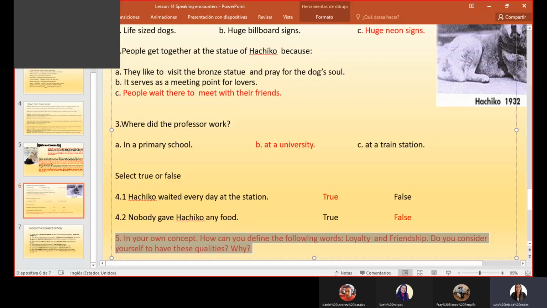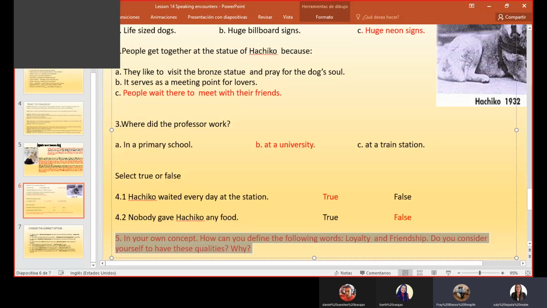Cuando estén listos, me dicen. Señor, usted me llama.